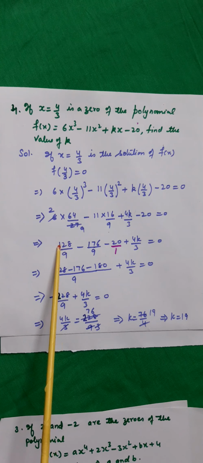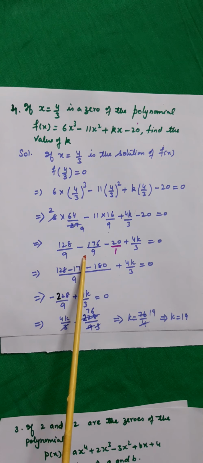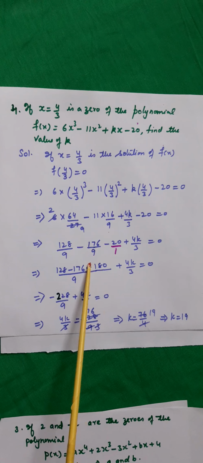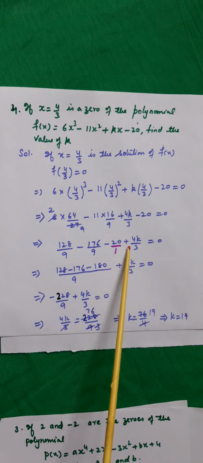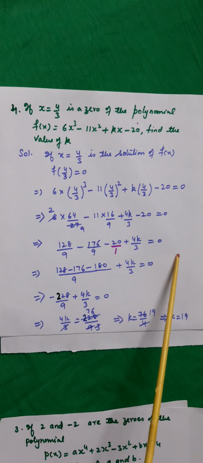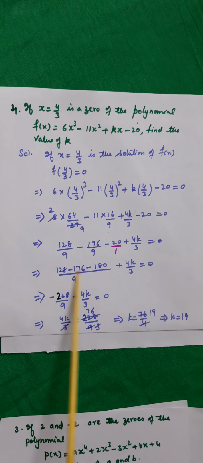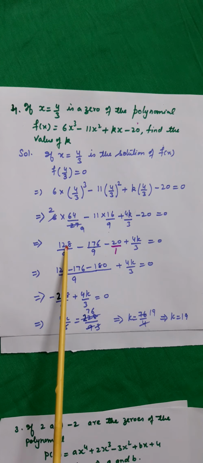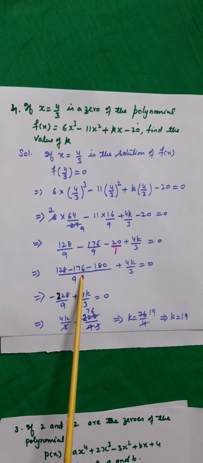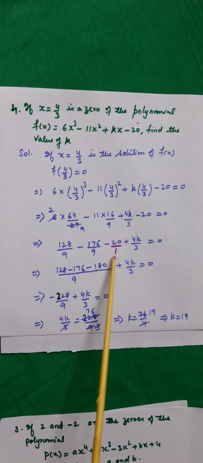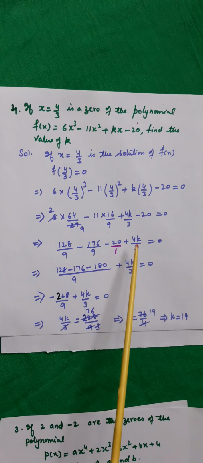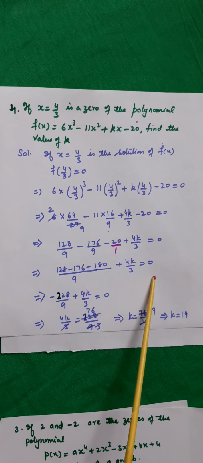So we have here 128 upon 9 minus 176 upon 9 minus 20 upon 1 plus 4k upon 3 is equal to 0. This implies by taking LCM, we get 128 minus 176 minus 20 into 9, that will be equal to 180 plus 4k upon 3 is equal to 0.